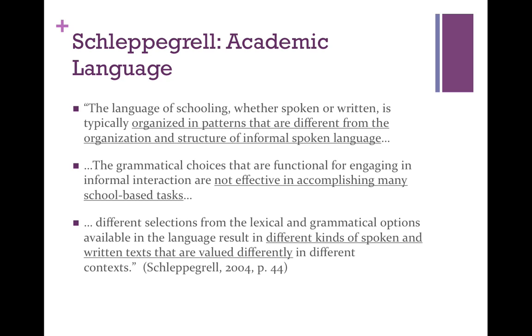And so grammatical choices that may be good for informal interaction are not always effective for school-based or academic tasks. So it's a whole new set of language, a whole new way of communicating that even native speakers need to learn. And different selections from words and grammar in the language result in different kinds of spoken and written text that are valued differently.